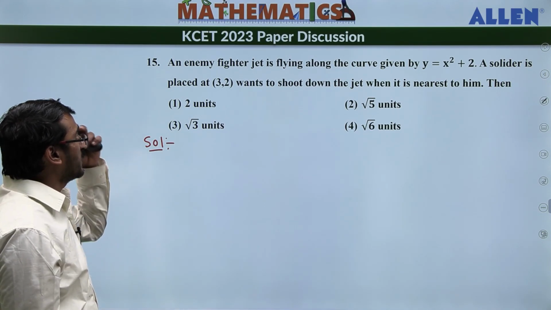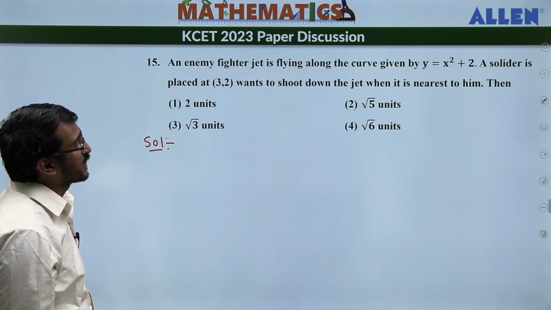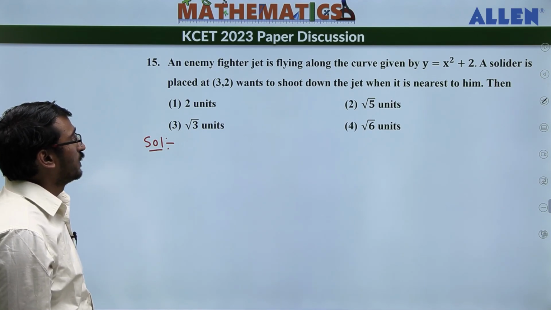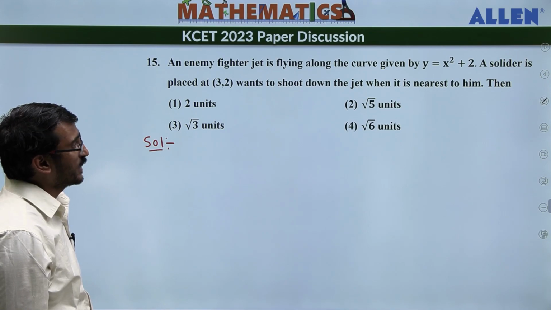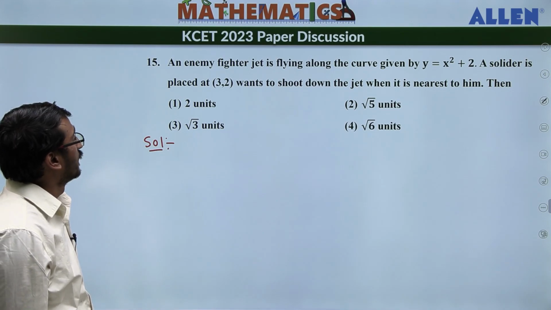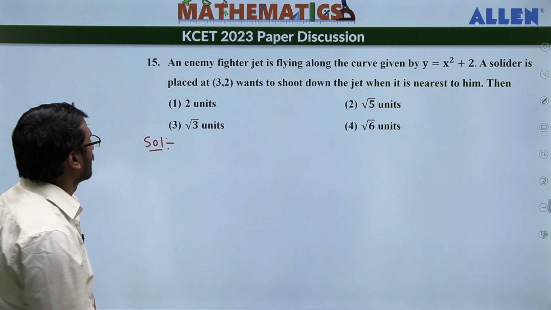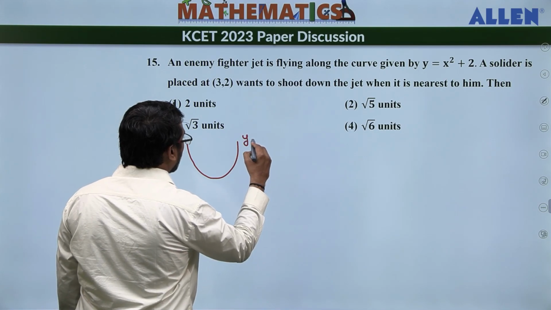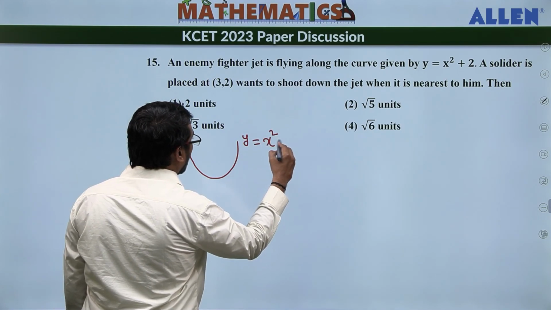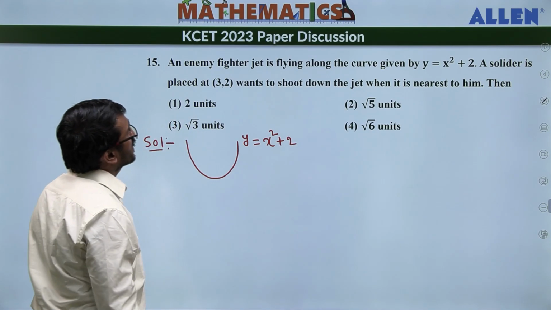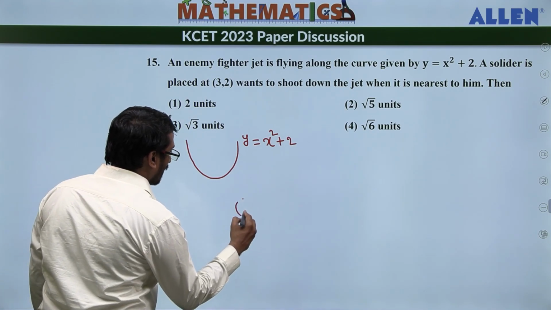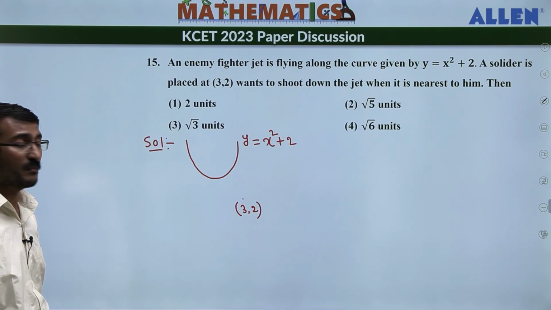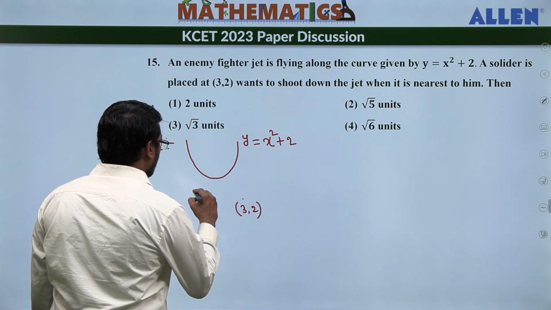An enemy fighter jet is flying along the curve y is equal to x square plus 2. A soldier is placed at 3, 2 and he wants to shoot down the jet when it is nearest to him. Then, what is the nearest distance? So, this is the fighter jet. This is 3, 2. Which is the nearest point?